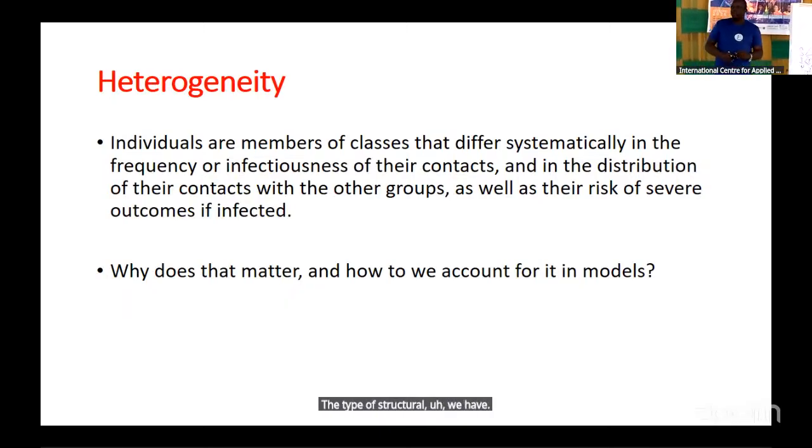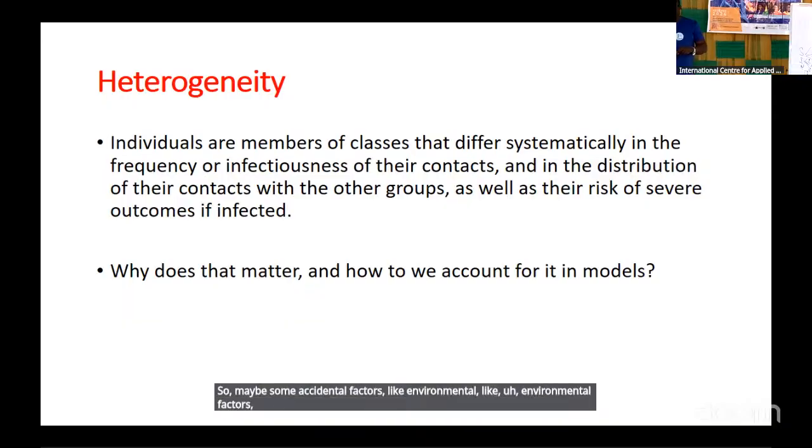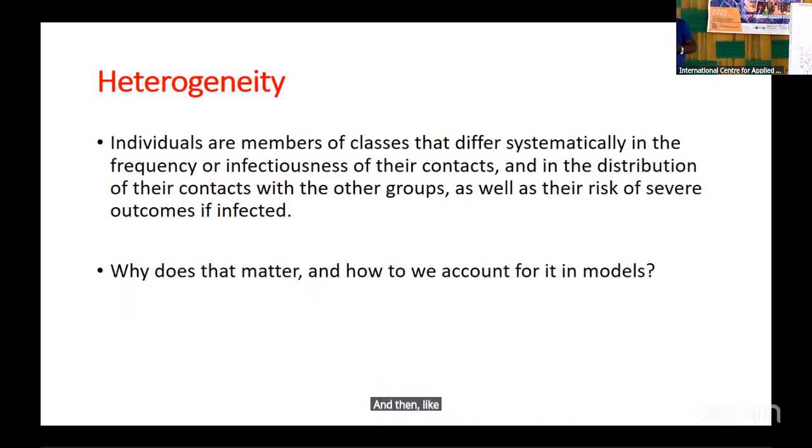Other factors can also play in, maybe some exogenous factors like environmental factors, and then social factors can also determine the structure of the model as regards the dynamics.